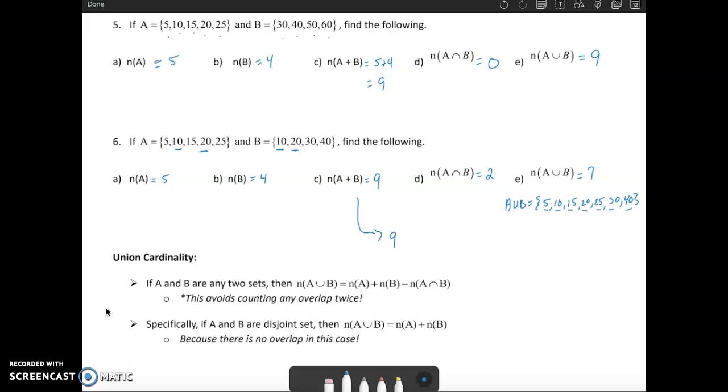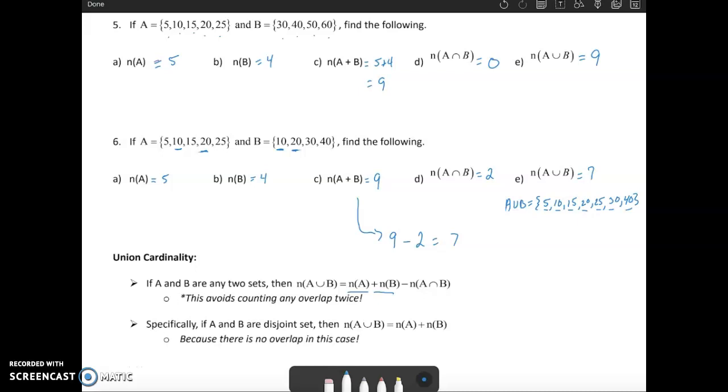So that was this part, the number in A plus the number in B. That was 9, but we subtracted off the 2 that were overlapped, and that gave us 7 to be left in the union. Right? Because you don't want to double count the 10 and the 20 in this case. They don't get double counted.